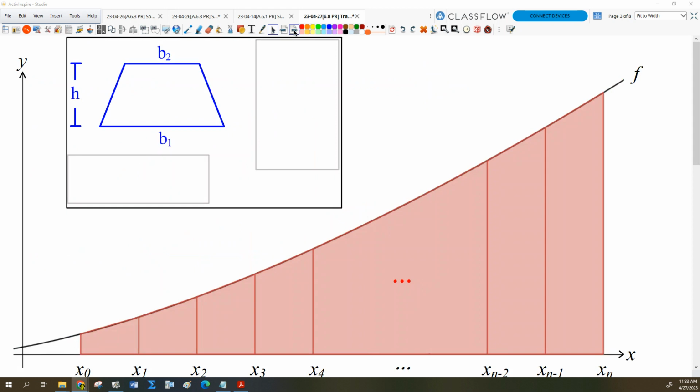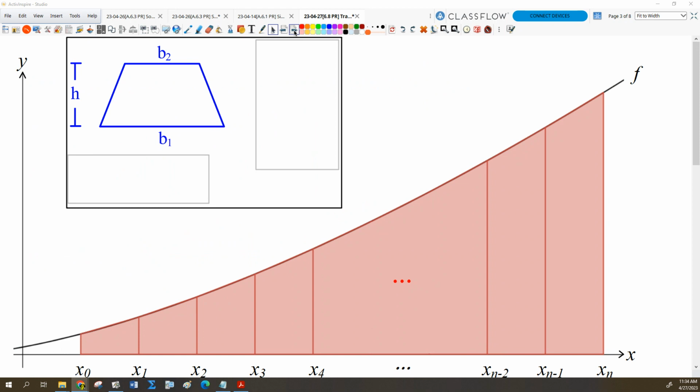The rule that generally people prefer to use is called the trapezoidal rule, which is where we're going to take a different approach. Instead of using rectangles where the height is defined by the midpoint of each subinterval, let's just use a shape that's going to match the function better, which would be a trapezoid, right?